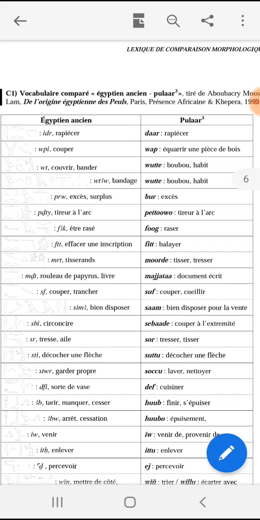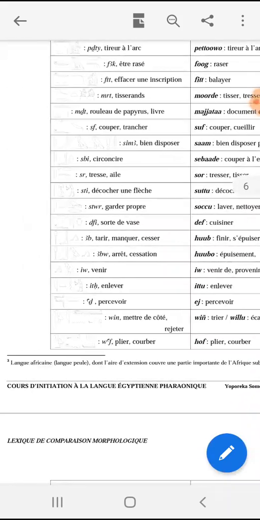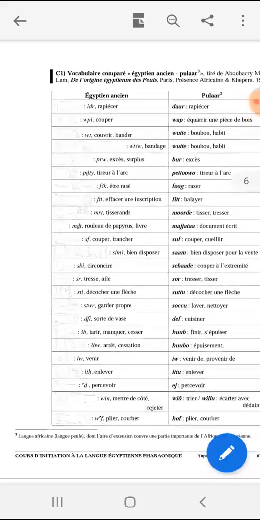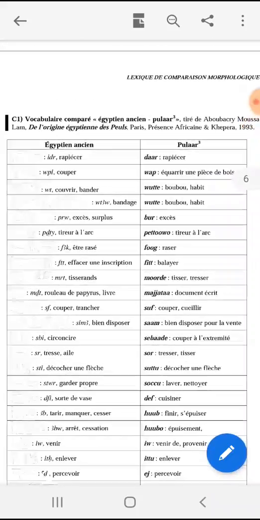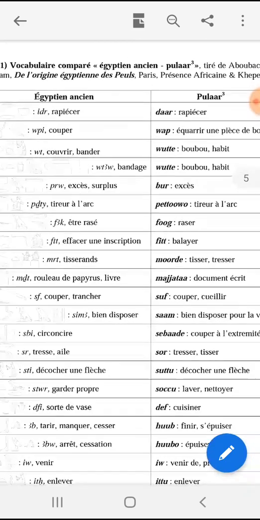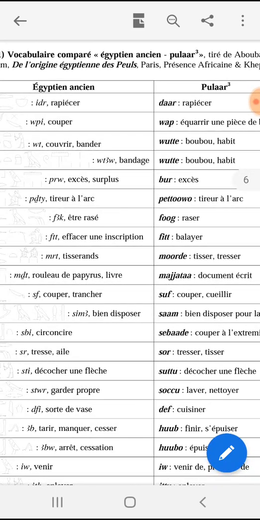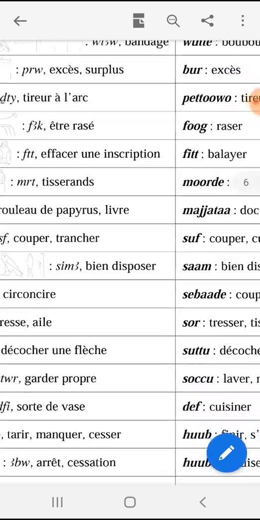Pular is Fulani. Now, the Fulani people are damn near everywhere. In Medu Netcher, you have Fak, which means to be shaven.